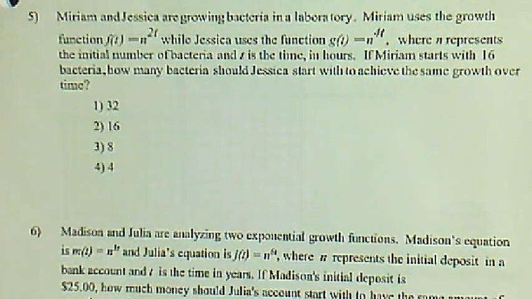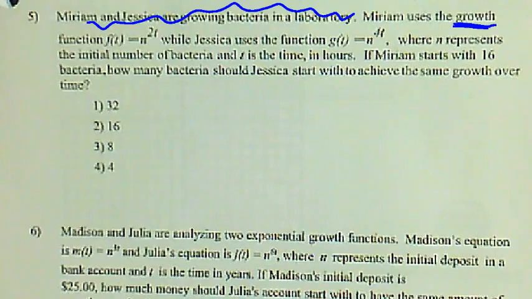All right, so Miriam and Jessica are growing bacteria in a laboratory. Who cares? Miriam uses the growth function f of t is equal to n raised to the 2t, while Jessica uses the function g of t is equal to n raised to the 4t.